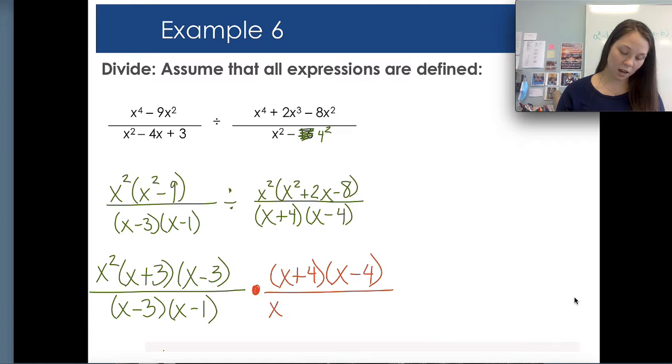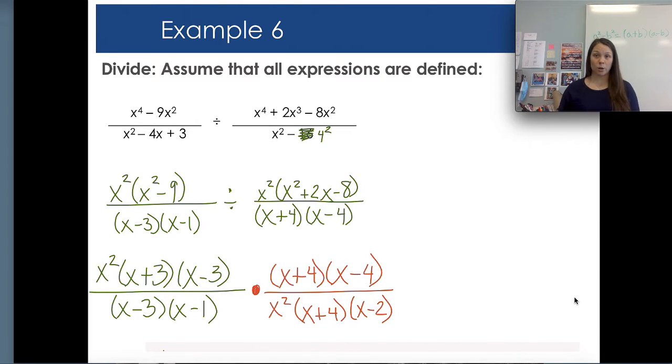My denominator, factoring the x squared plus 2x minus 8 further, will give me x plus 4 and x minus 2. So far, we've done a lot of factoring, and we have changed the division sign to multiplication, and we have flipped the second fraction.